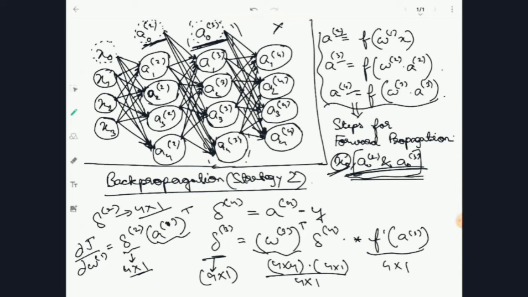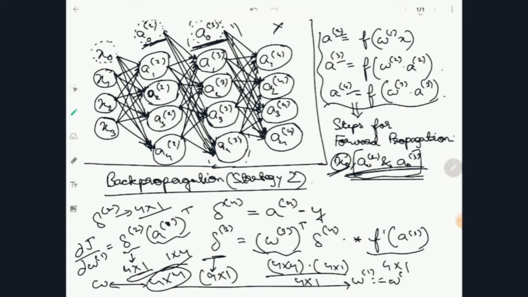The a1 is actually x, so x is 1 by 4, so this is 4 by 4. And you need 4 by 4 to match the shape of W, and again execute the process of gradient descent, that is W1 equals W1 minus alpha by m del J del W1.